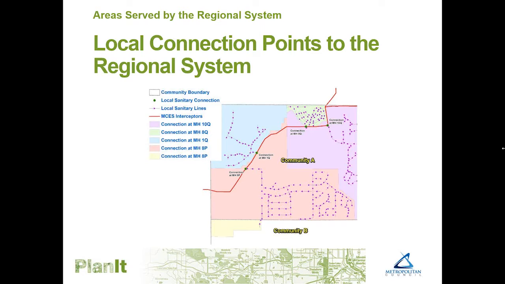And the plan needs to also include identification of community system connection points to the existing metropolitan disposal system, any future connection points if applicable, intercommunity connections, and any changes in governmental boundaries based on existing orderly annexation agreements that are proposed.